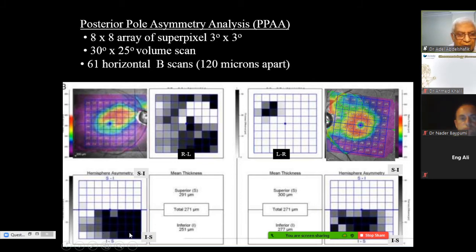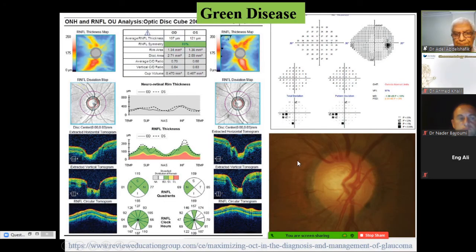In the lower part, they are comparing inferior to superior, that is for this eye, they are comparing this row with that, the next one with that, and so on. And in the upper half, they are comparing from up to down. So this will draw your attention that something is going on. In this example, I got it from the internet.